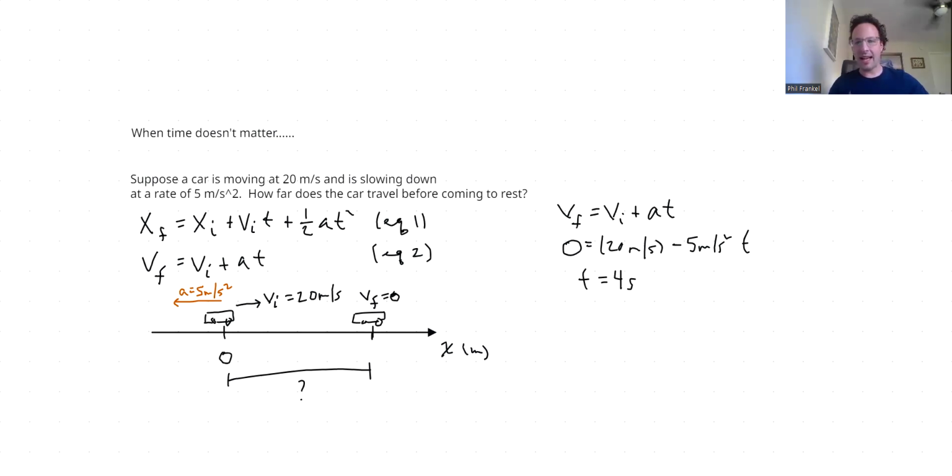Once I have that time, that's the step 1 calculation, and I can move on to step 2. In step 2, we can now use kinematics equation 1, which looks like this.